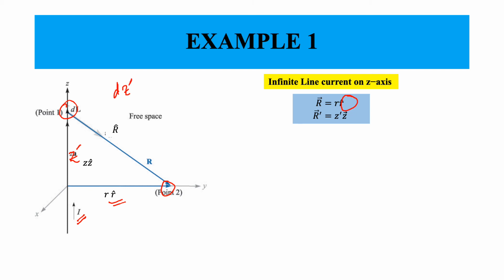So the current element here will be given by I dz prime, and this will be located at r prime. The source is located at z prime z hat.